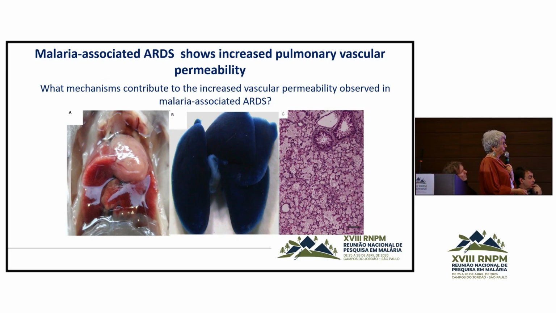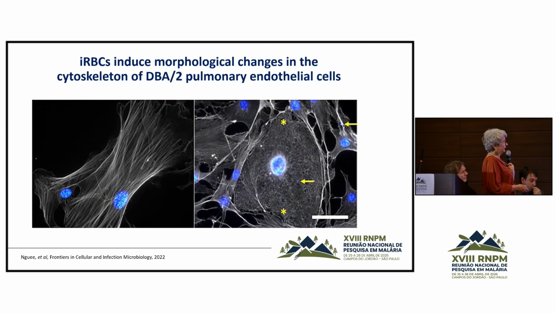Since we have this increase of permeability and also the swelling of the lung is an important mark, we want to understand what are the mechanisms that are causing this increase of permeability.